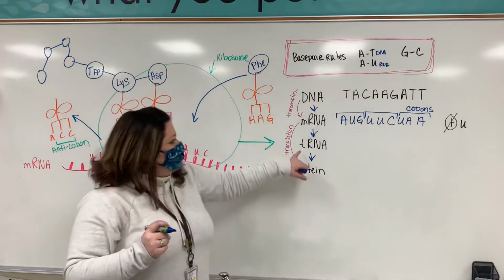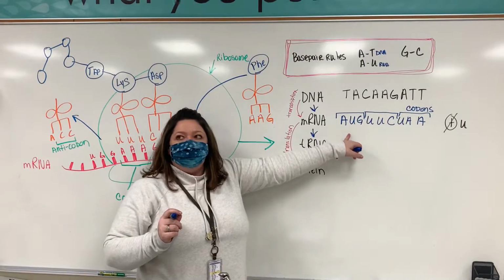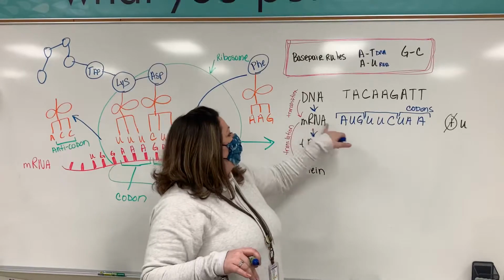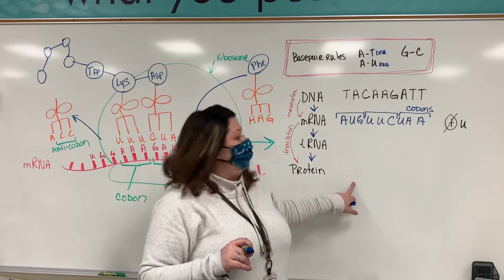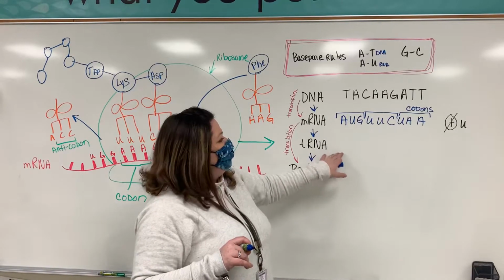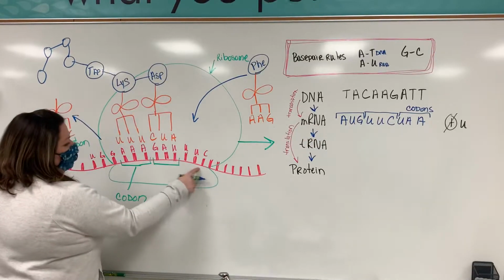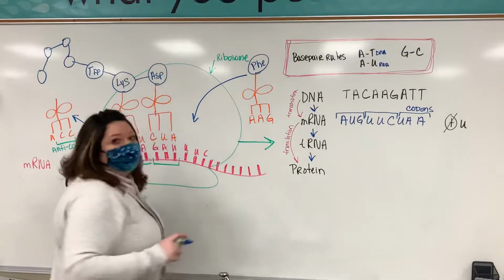Now, there are lots of different wheels and charts that show you the mRNA code and which amino acid goes with it. But you can also look at what the tRNA anticodon is going to be. So if my mRNA strand down here is this code, what's going to be on my tRNA?